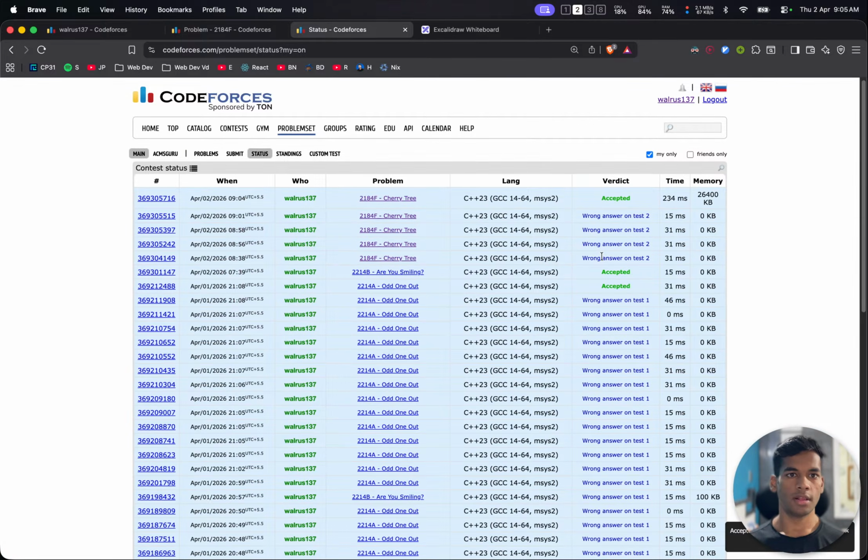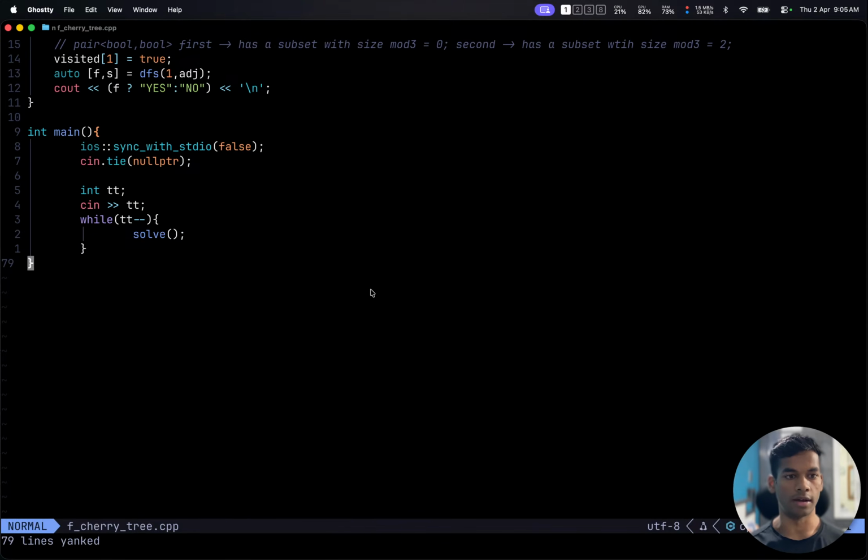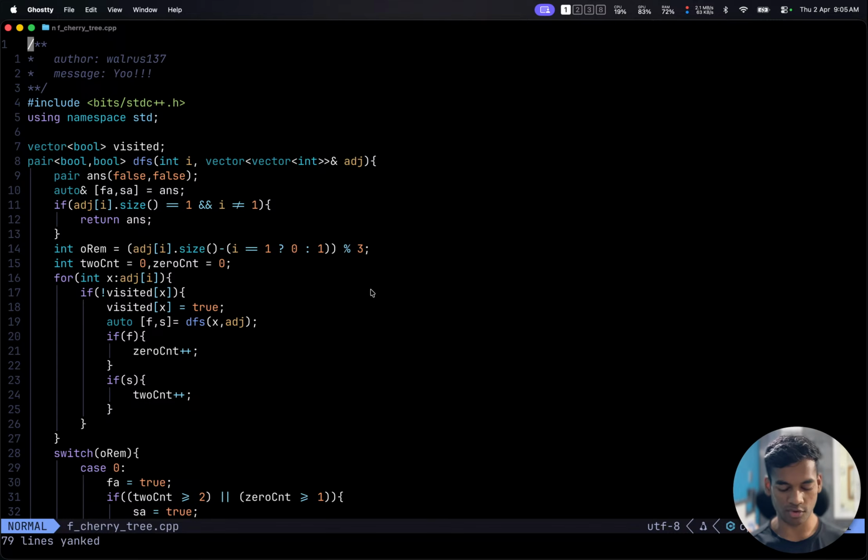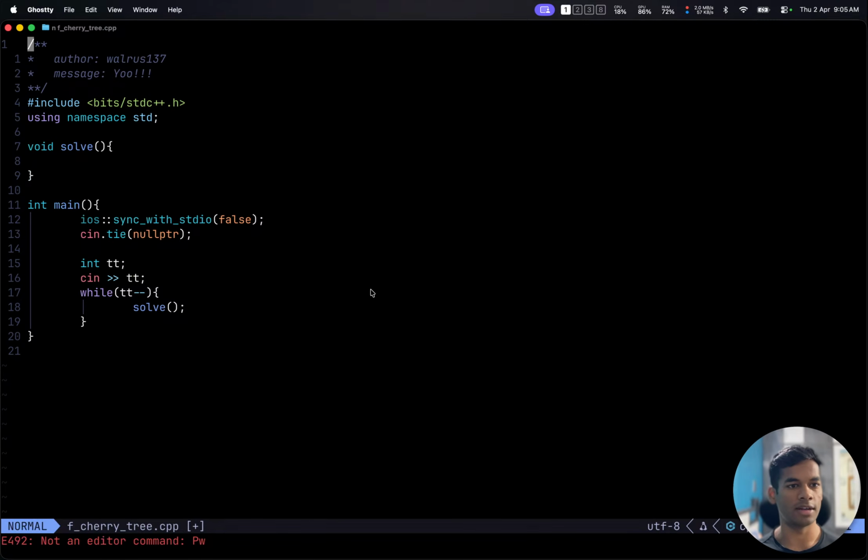Cool. That was good. And now what do we do just after you solve a problem? The basic obvious thing is to just delete the whole code and rewrite it again.